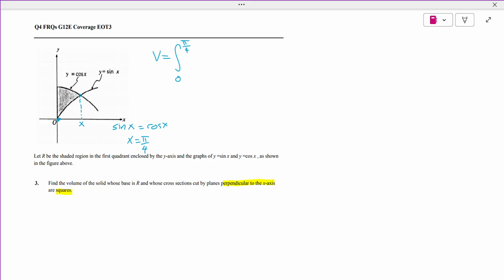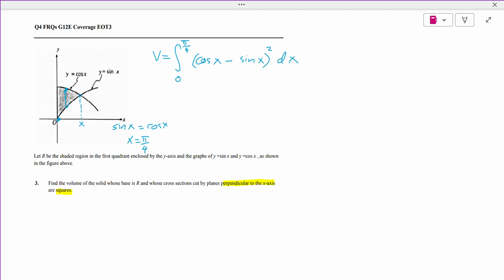Now, the upper one is cos of x minus the lower one, sine of x. This is the side measure of this cross section. But because the cross sections are squares, we must raise it to a power of 2, dx, because it's perpendicular to the x-axis.